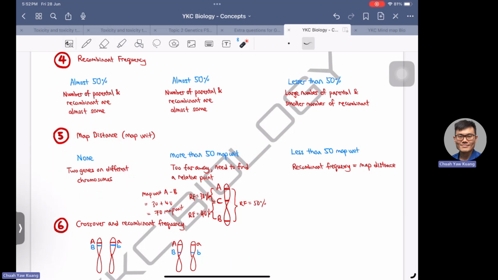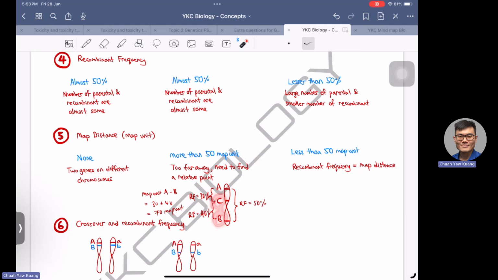For those questions related to linked genes but too far away, normally the questions will tell you the reference point. They will tell you there's a relative point. For example, gene A and gene C are on the same chromosome, then gene C and gene B are on the same chromosome.